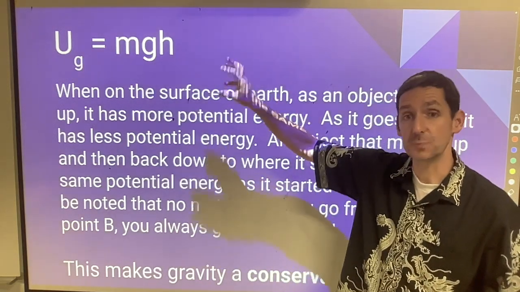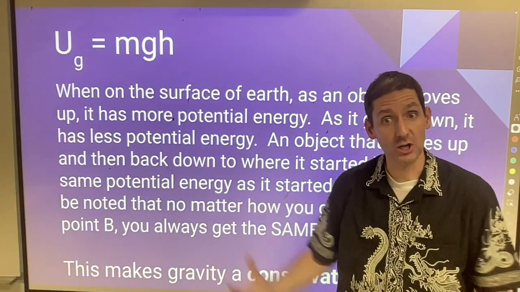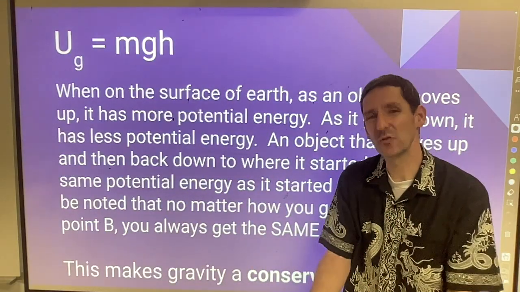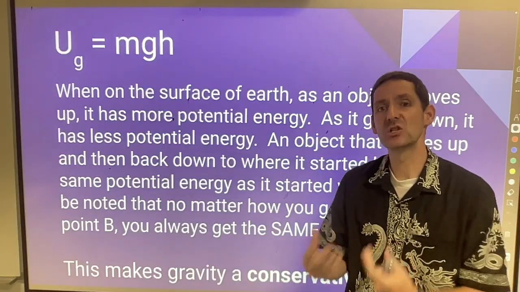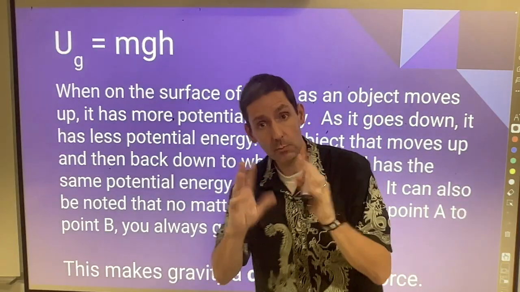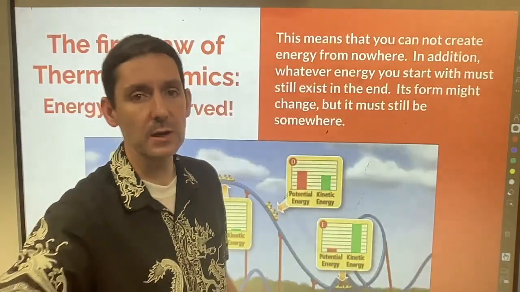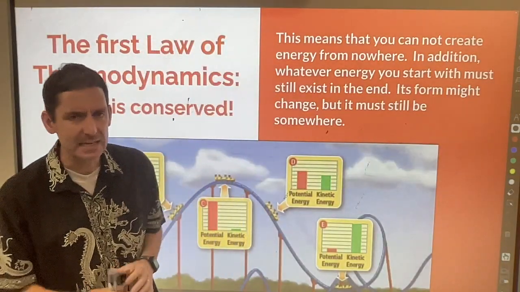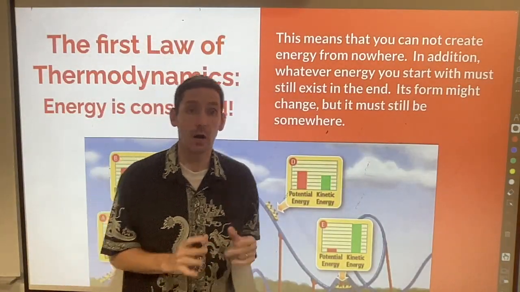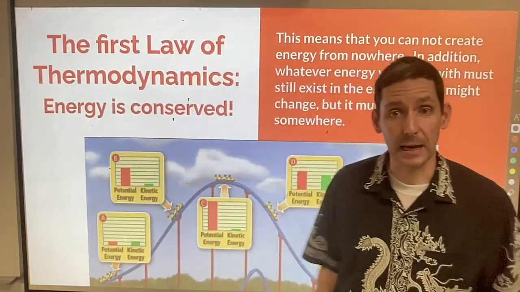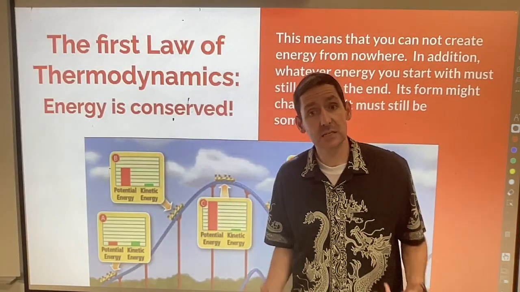Therefore, gravitational potential energy, when we include it in our system, is conservative. All right? It can be conserved. It stays the same. We'll talk about that a little bit more as we go. Now, this is essentially the first law of thermodynamics. The first law of thermodynamics says energy is conserved.